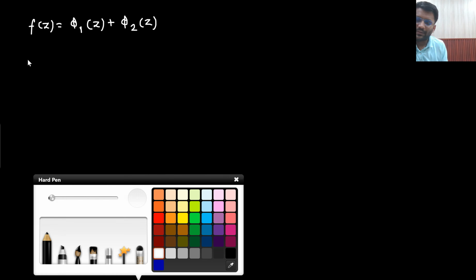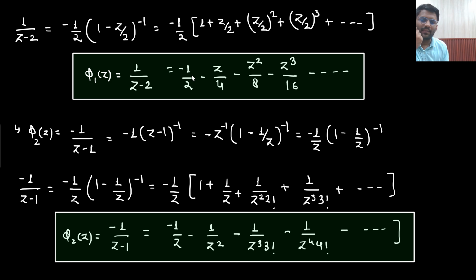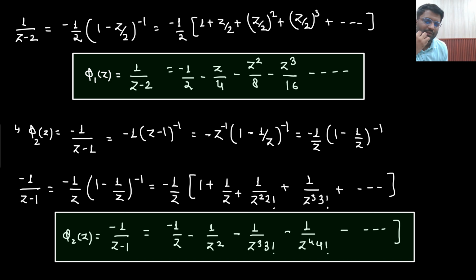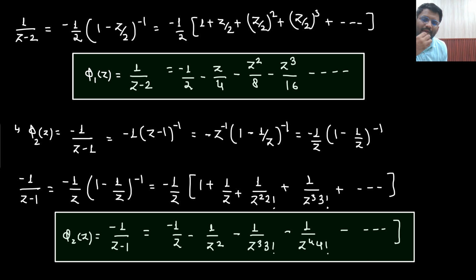So let's write down f of z. F of z will come out to be minus 1 by 2, minus z by 4, minus z square by 8, minus z cube by 16, and so on.